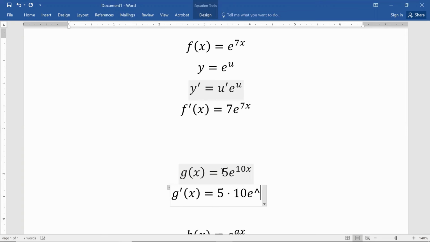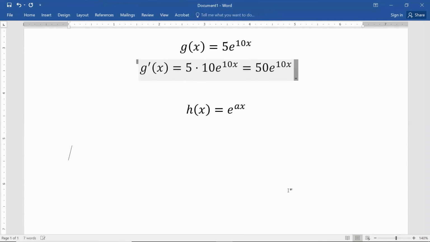I'm going to take the 10, that's the derivative of the inside function. I'm going to multiply it out front times e to that same function. So we get 50 e to the 10x as the derivative of g of x.